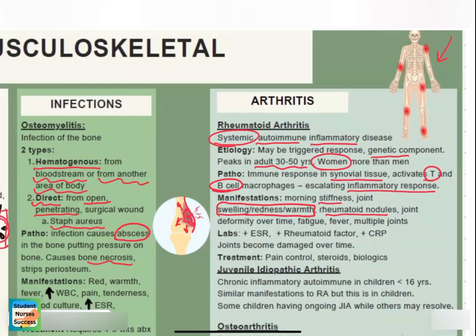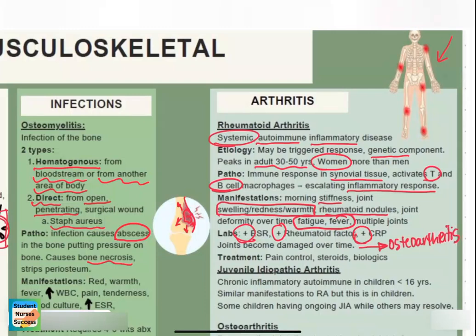Fatigue, fever, because it is a systemic thing. If we look at our labs, we see positive blood tests, rheumatoid factor, positive ESR, positive C reactive protein. The thing about rheumatoid is that over time, this joint damage is going to also lead to osteoarthritis.